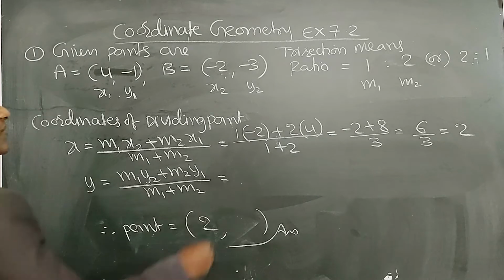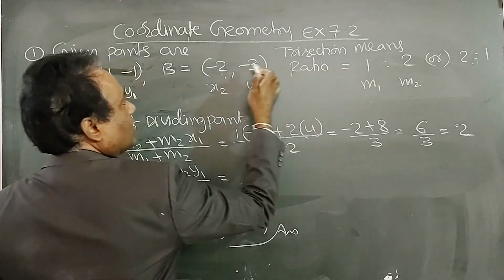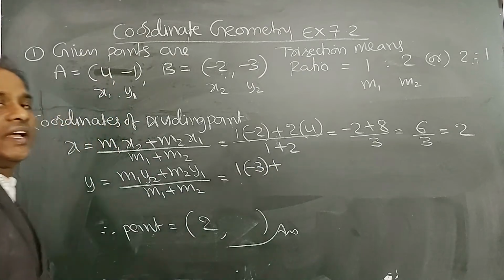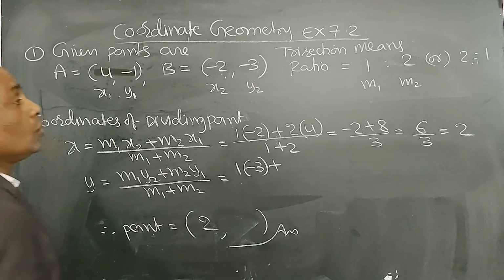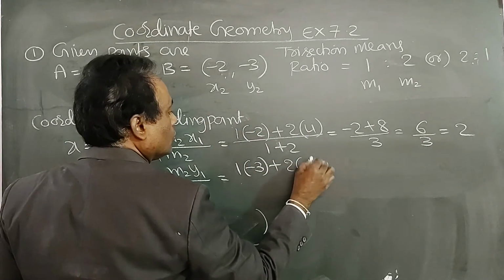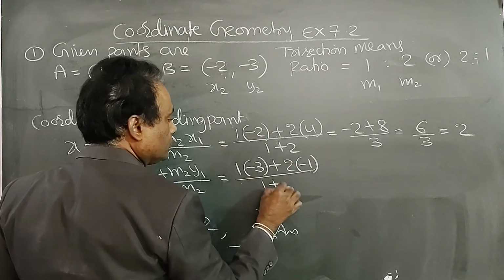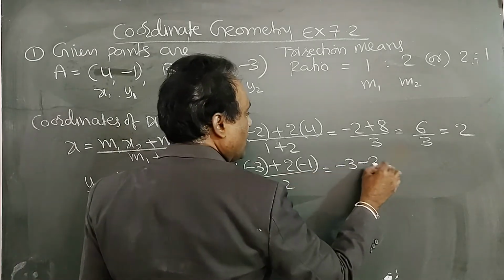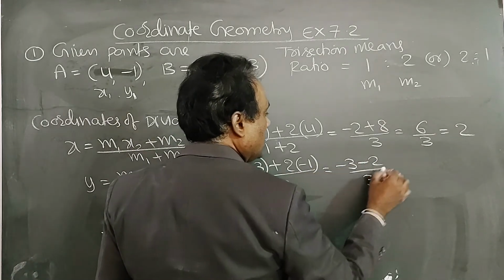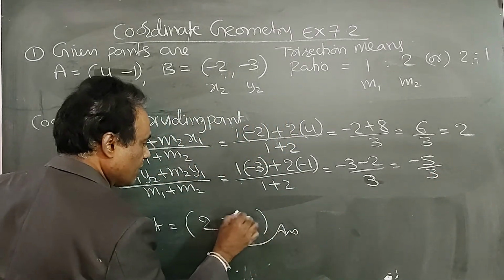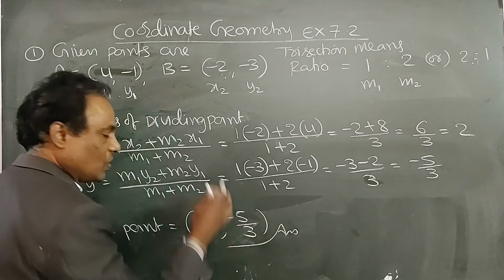Y value, students: m1y2, 1 into minus 3, plus m2y1, 1 into minus 3 minus 2 by 3, minus 5 by 3. Minus 5 by 3 only.